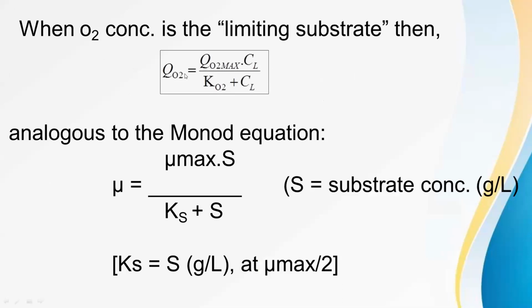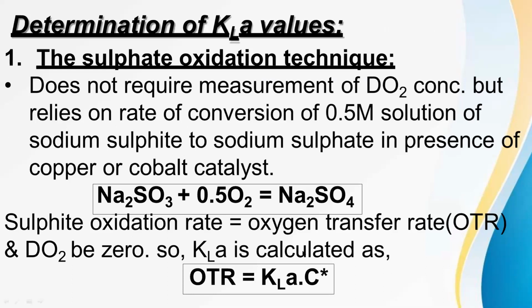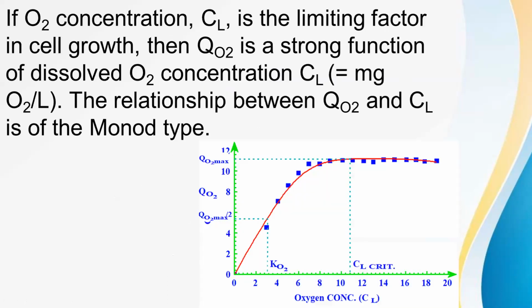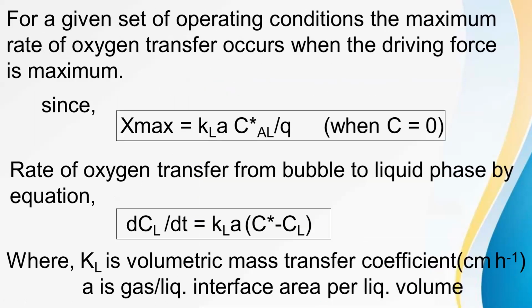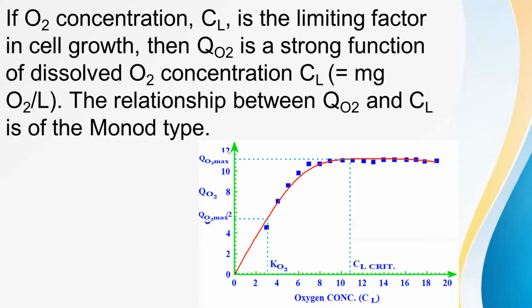So QO2 is equal to QO2 max Cl divided by KO2 plus Cl. Okay, it is a similar equation to mu is equal to mu max S by Ks plus S, so the two are almost the same. Here we know what Ks is and what S is. So now this is the equation we have derived so far. What is KL, what is KLA, then CL, then Q, all this we have seen.